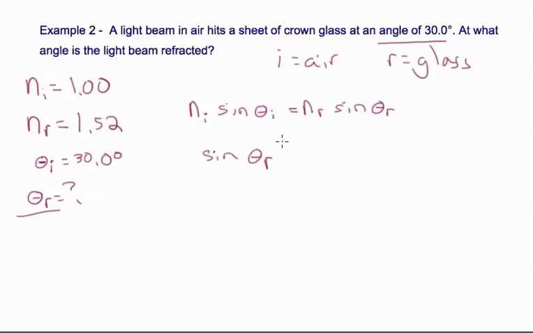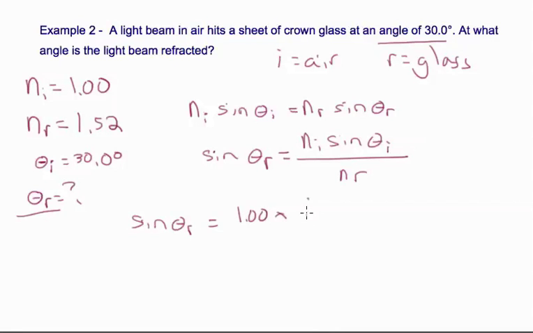Right now, we have, so we can plug in 1 times the sine of 30 degrees. Make sure that your calculator's in degrees, otherwise you will not get the right answers. Divided by 1.52.